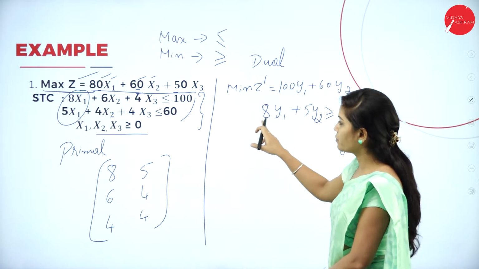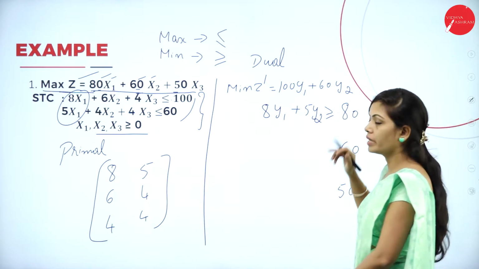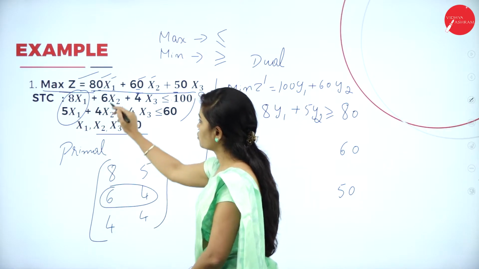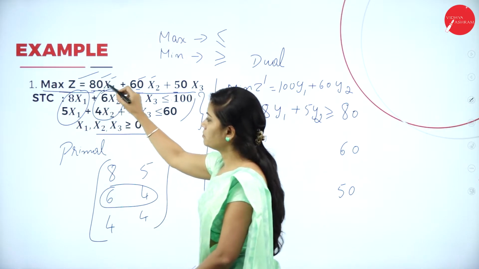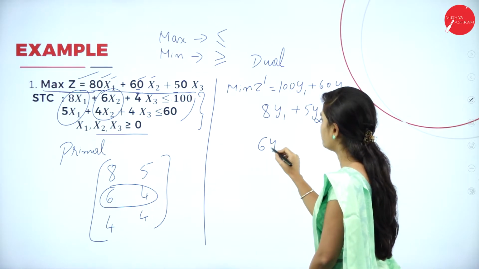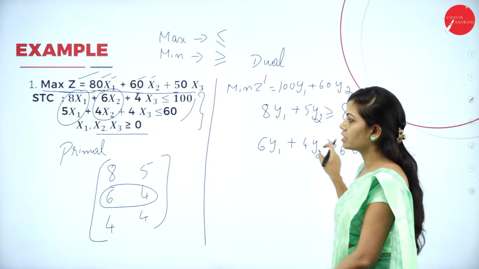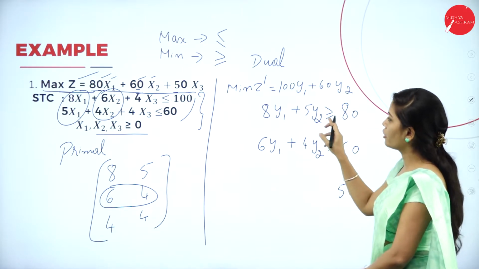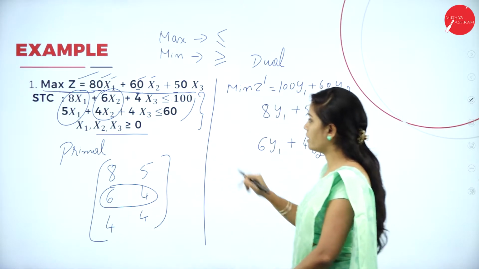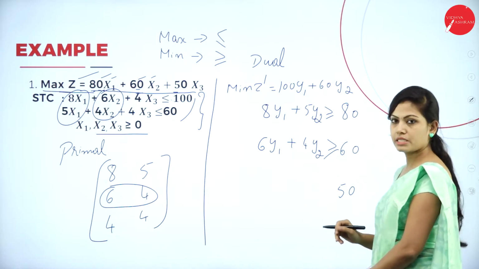So here 8y1 plus 5y2 is my first constraint, greater than or equal to 80. And for the second constraint, here I have a column 6 and 4, it becomes the row 6y1 plus 4y2 greater than or equal to 60. So again I got the same constraint value because in the objective function I have 60. So this is my second constraint.